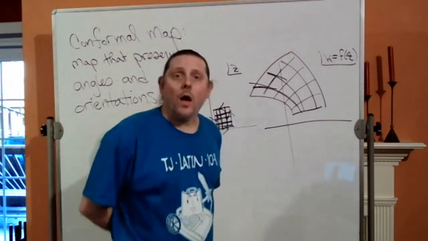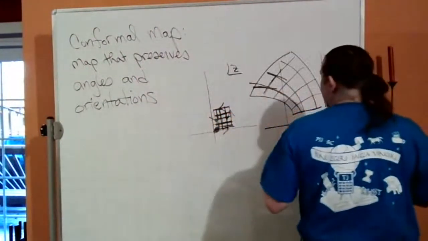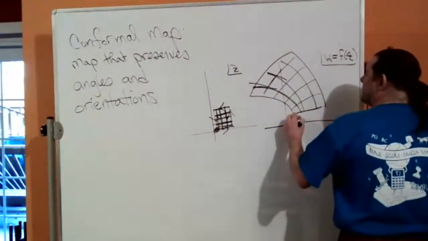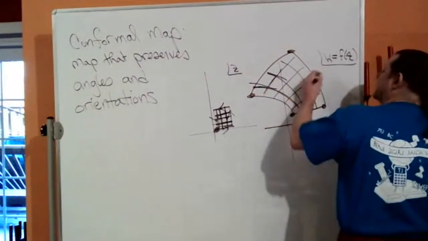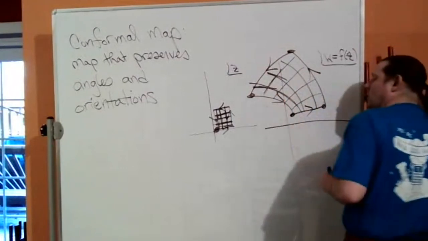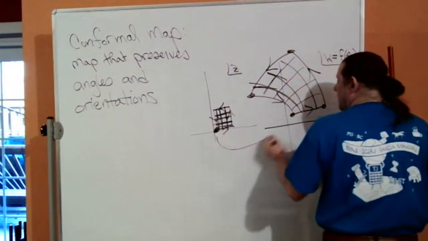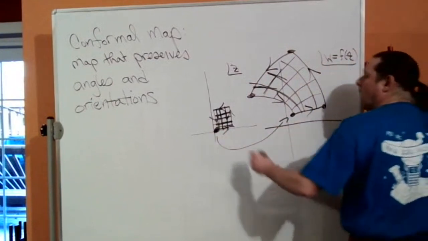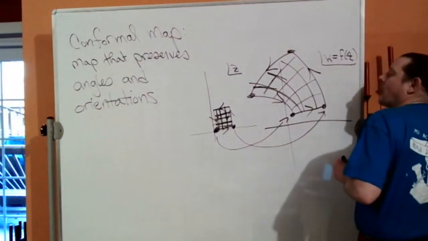Interior to the left. Here, it has to map in such a way that the interior is still to the left. So I could have this point map to that one, and this point mapped to that one.